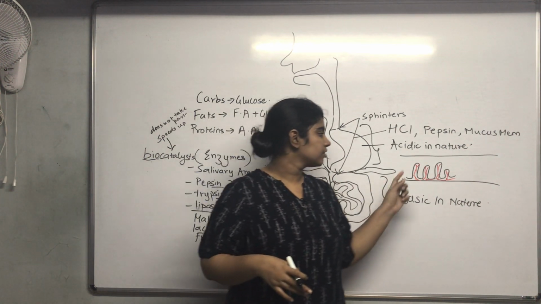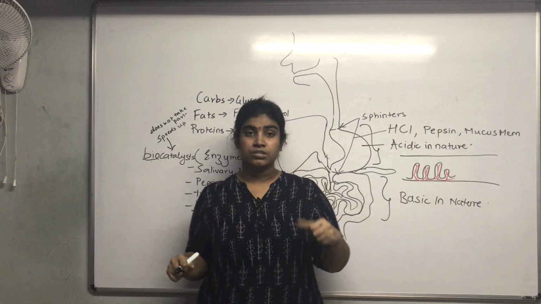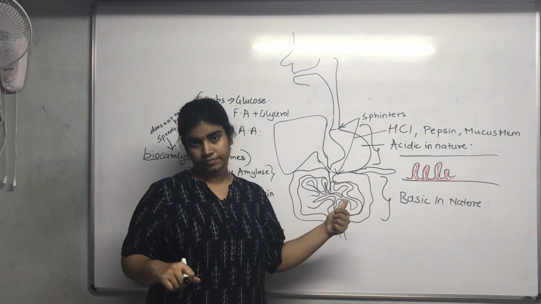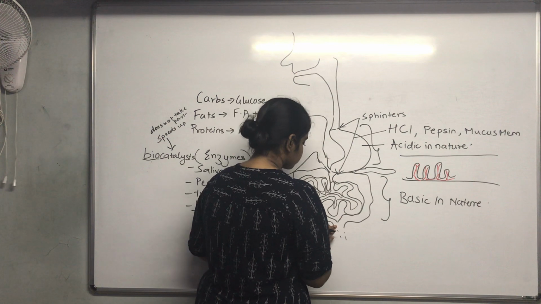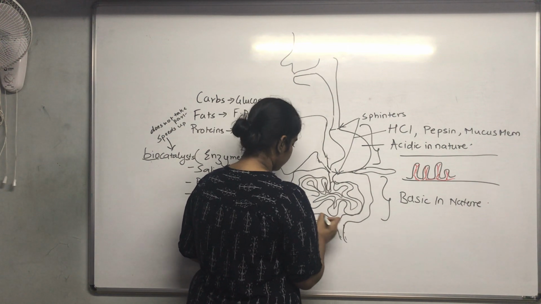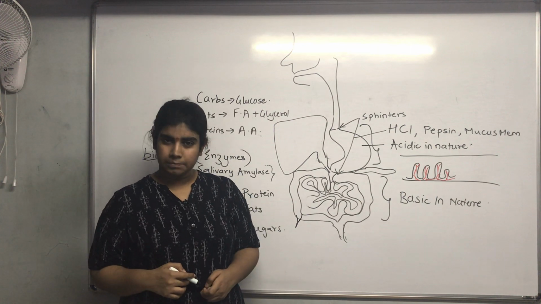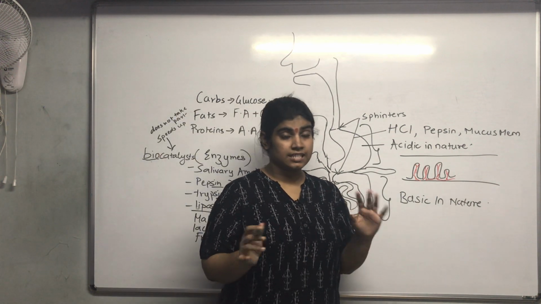Okay, and after the small intestine, when everything is absorbed, the food reaches the large intestine. Now if I talk about the large intestine, it's a very fascinating thing. The large intestine is divided into 3 parts. You all don't have that in your textbook, that's fine.